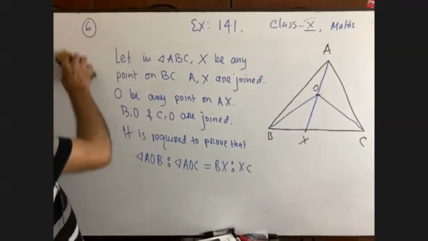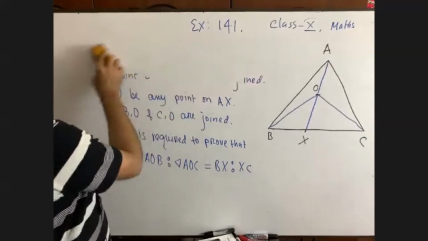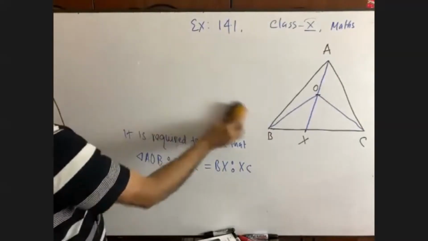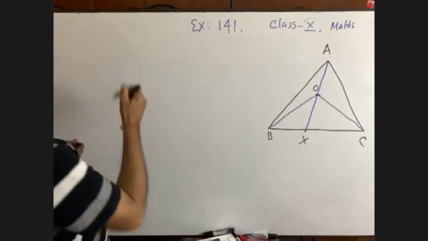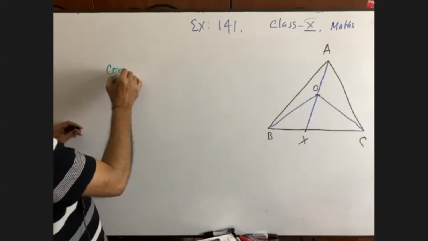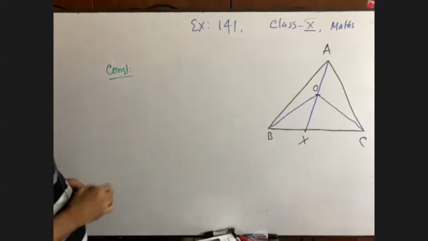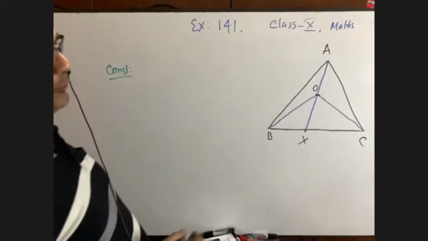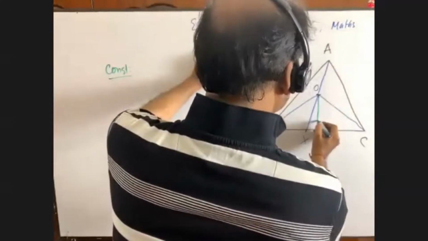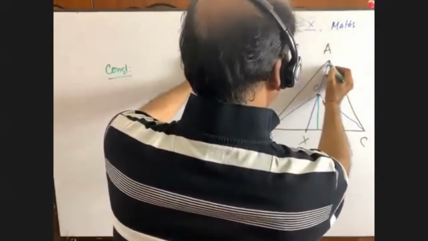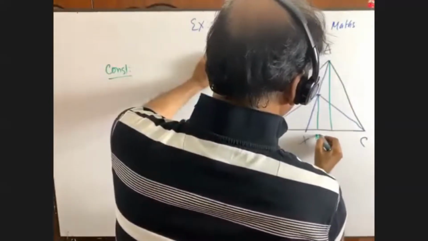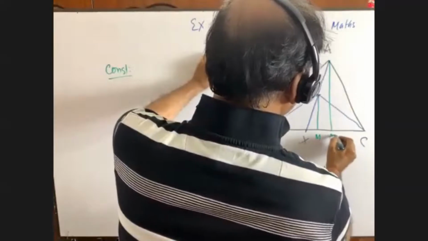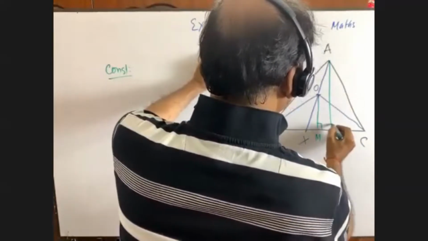Now go for construction. Here what will we do? We'll draw two perpendiculars. This is and this. Suppose it is M and it is N. Two perpendiculars.